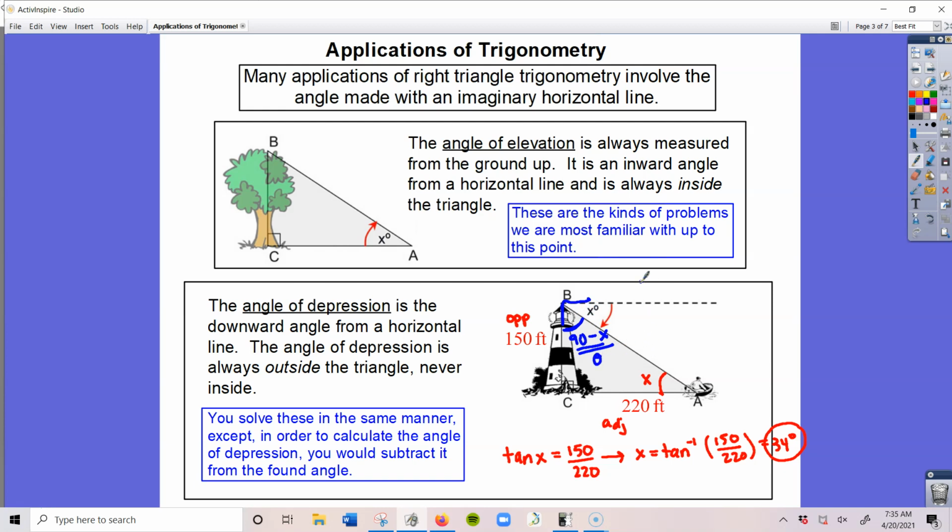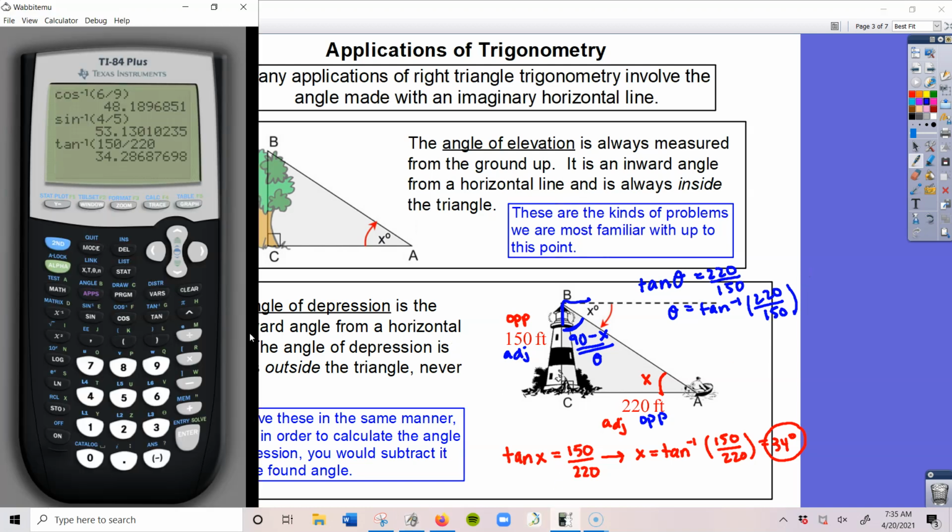So this would be tangent of theta, since the 220 would now be the opposite side and the 150 is now the adjacent side. So this would equal 220 over the adjacent, which is 150. So theta is going to equal the inverse tangent of 220 over 150. We put this into the calculator.